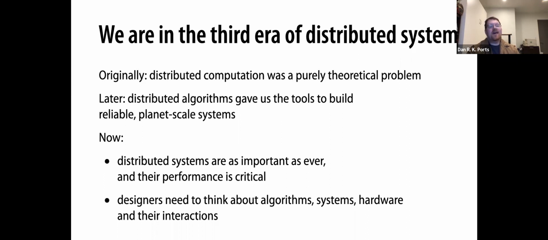And often a lot of that time, we didn't have to think too hard about the algorithms because they weren't the performance critical part of the system. But what we're seeing now is that distributed systems are even more important than ever before because pretty much every application nowadays, even your word processor, is living in the cloud, running as a distributed system, and we care very much about its performance and its efficiency.